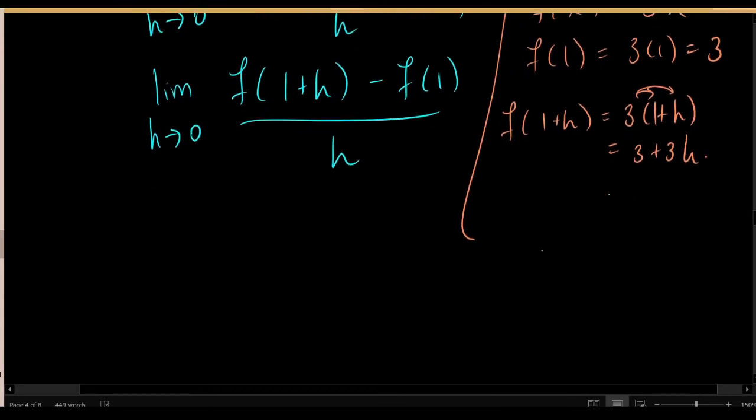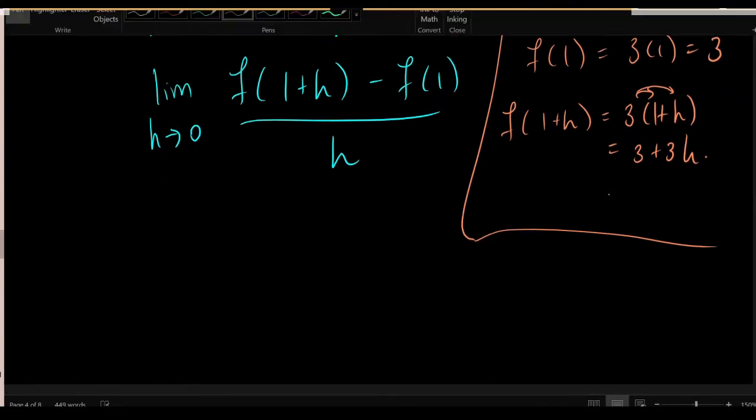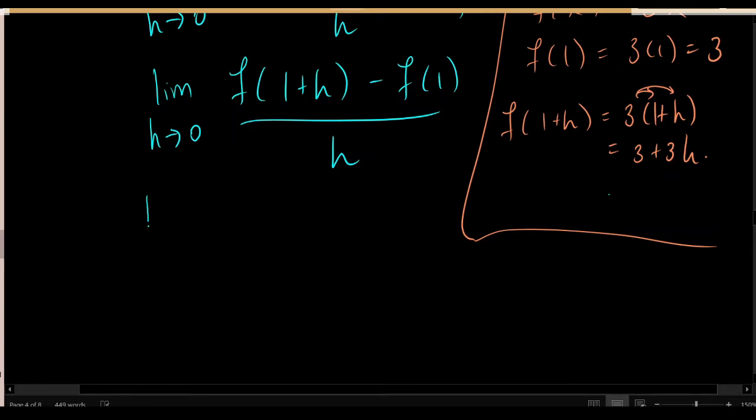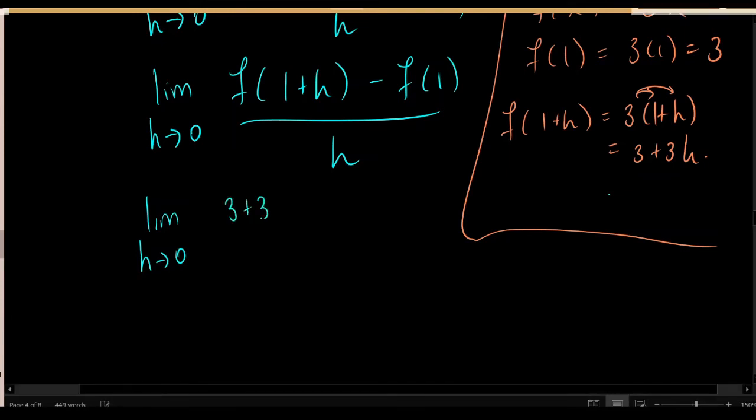Now that I've found those individual quantities, I'm going to replace the f of 1 plus h and the f of 1 in my difference quotient formula. So I'm trying to find the limit as h approaches 0 of f of 1 plus h, which was actually 3 plus 3h, much simpler. What was f of 1?